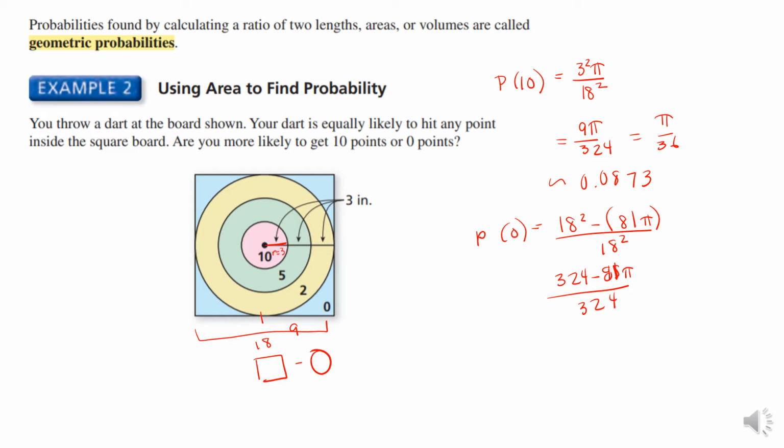And so that would be 4 minus pi over 4. We factored out the 81, and that gives us approximately 0.215, or 21.5%, and this is 8.7%. So it is much more likely that you will get 0 points, which is pretty sad. All right?